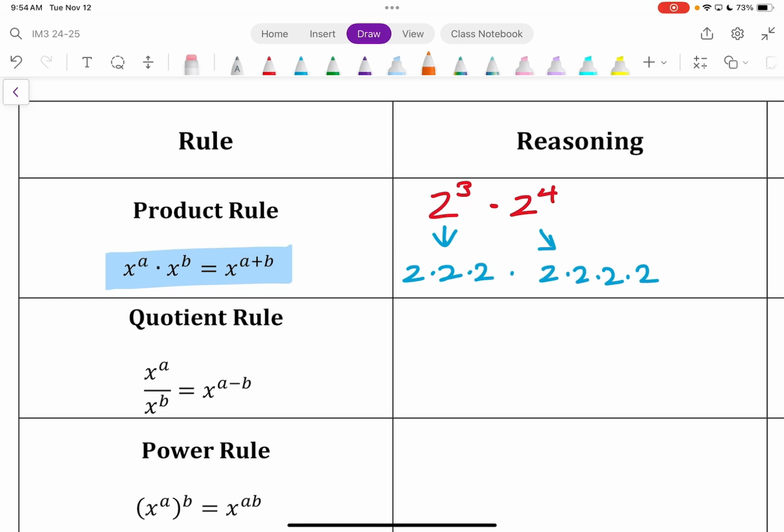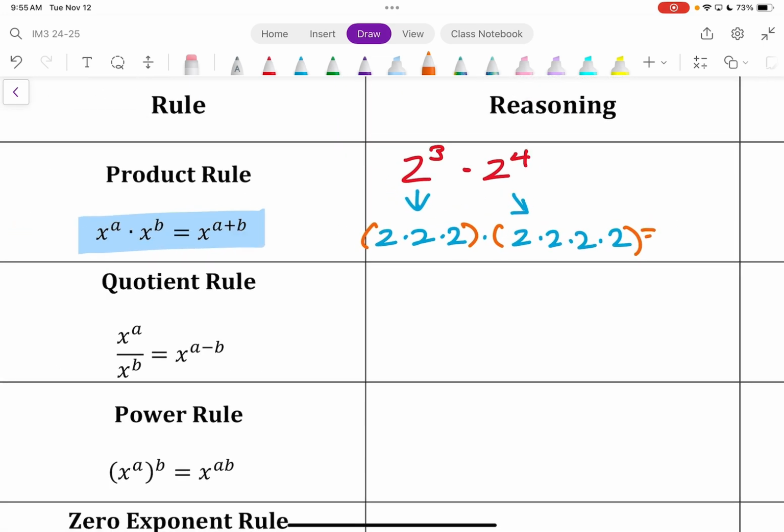Now, keep in mind, I am multiplying all of this together. Right? I have a group of 2 times itself 3 times and a group of 2 times itself 4 times. But altogether, everything is getting multiplied. So, all in all, how many times is 2 being multiplied by itself? Well, let's count it up.